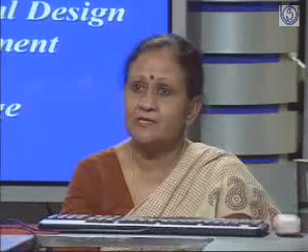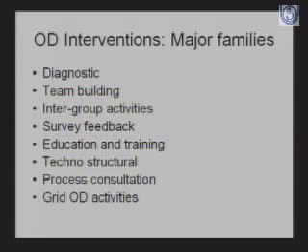Then a question was raised on technostructural, that is technology matching the structure. Why does technology interrupt? It interrupts in a negative way when the structure, say group structure, interpersonal relations, teams, people's ideas of decision making, they are disturbed. They don't know what to do because of the advent of technology.